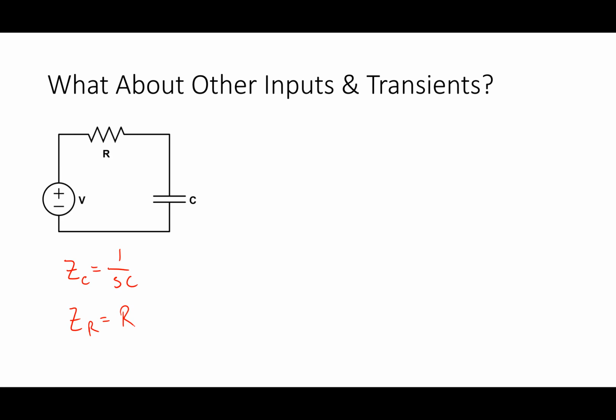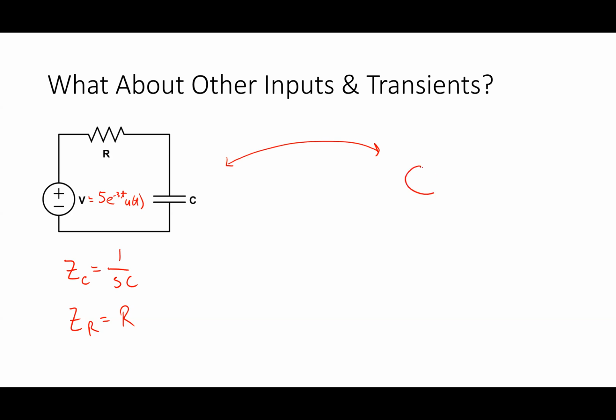Let's say again that I have V of t as this input, equal to 5e to the negative 3t u of t. Rather than writing out the differential equation by KVL, I want to see if we can take this over to the Laplace domain, just like we did with impedance.